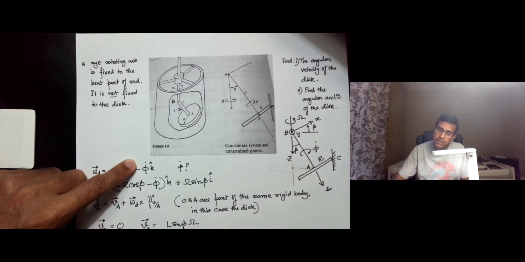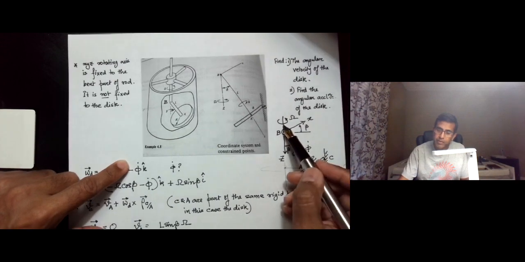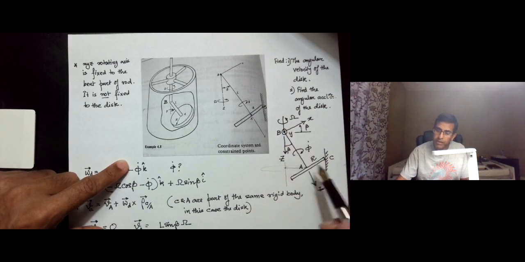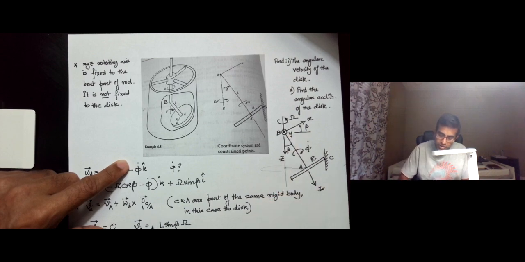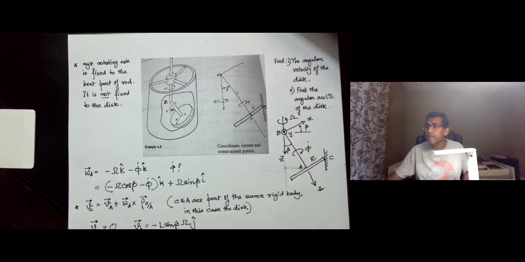By virtue of the direction attributed to capital Omega, the point A is going into the page, whereas small y is pointing outwards, so it is negative, and the unit vector is j.